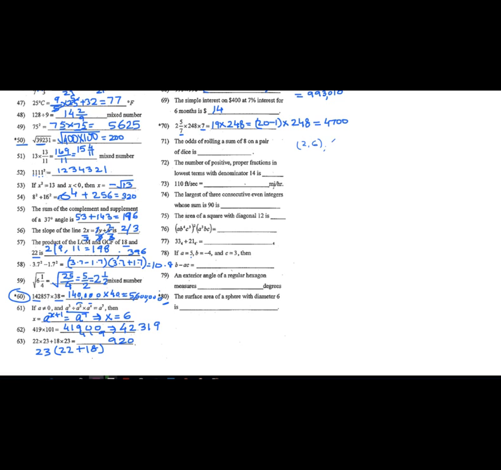The other way is 6 on the first one and 2 on the second one. The other way is 3 and 5, so 3 on the first dice and 5 on the second one. Or we can have 5 on the first one and 3 on the second one. And then the last way is we get 4 on both of these dice. So there are 5 ways how we can get a sum equal to 8.